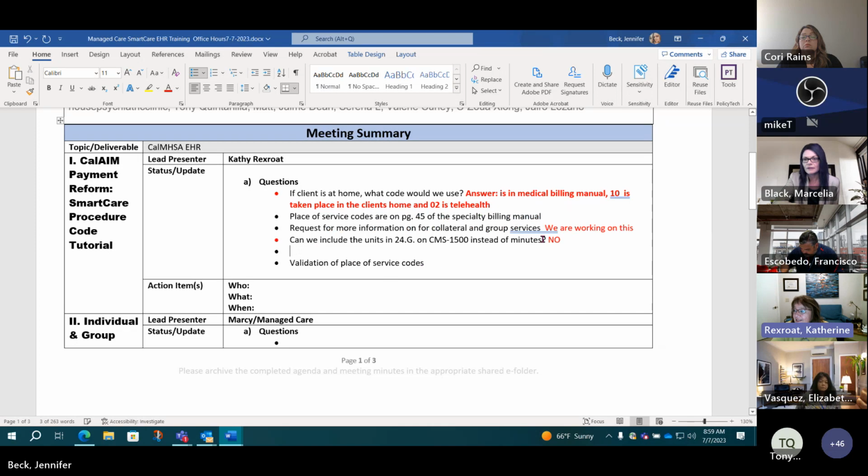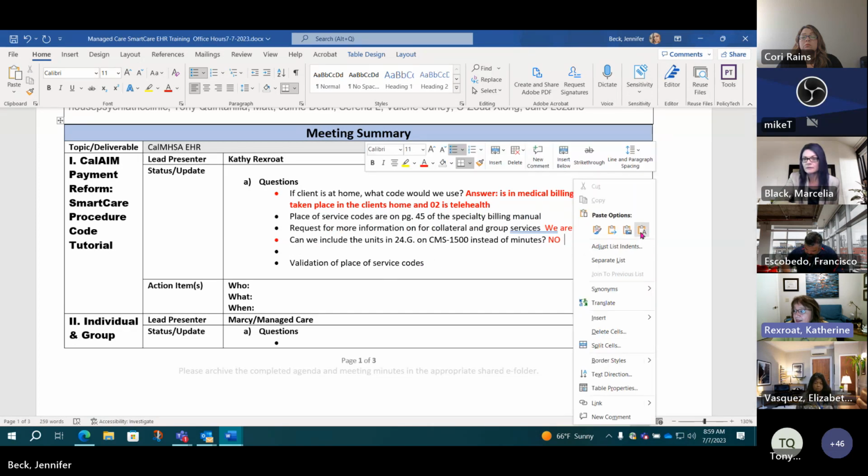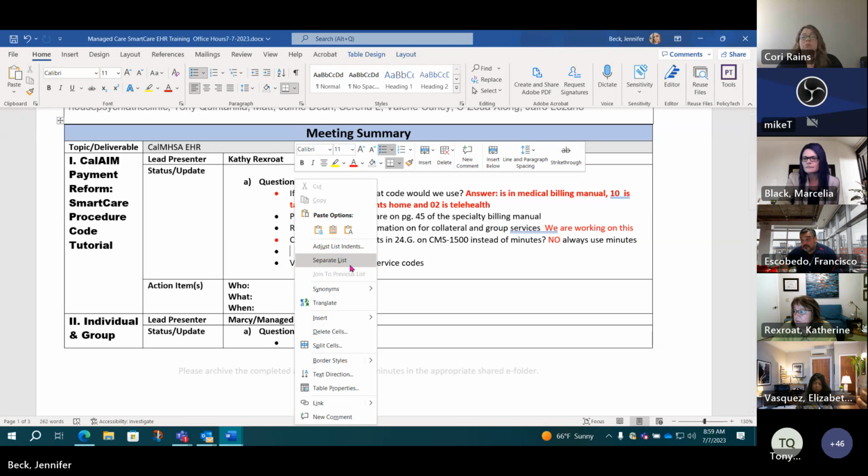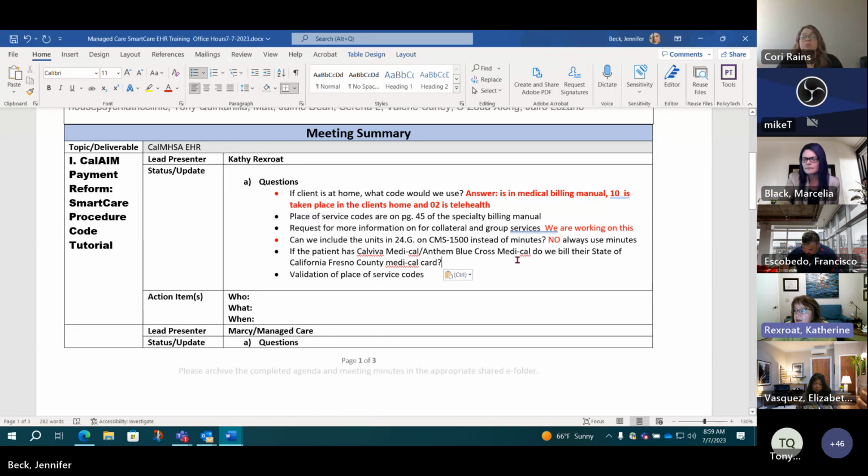If the patient has CalViva Medi-Cal or Anthem Blue Cross Medi-Cal, do we bill their state of California Fresno County Medi-Cal card? Serena, are you claiming to the managed care plans, Anthem Blue Cross and CalViva, or are you claiming to Fresno County MHP?